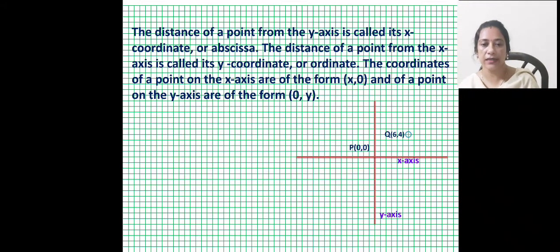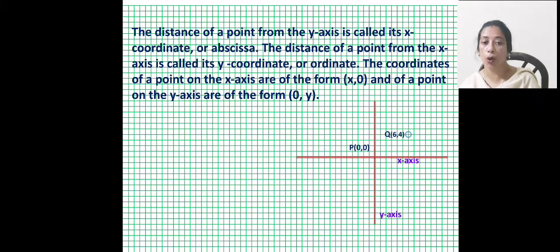Suppose the point Q. Now, see, the point Q is at a distance of 6 units from the y-axis. That is why its abscissa, that is the first part, the x-coordinate, is 6. Similarly, when we think of that particular point Q with reference to the x-axis, we will find that its distance from the x-axis is 4 units.